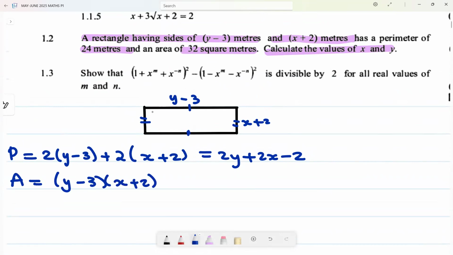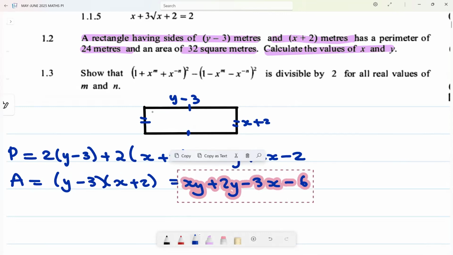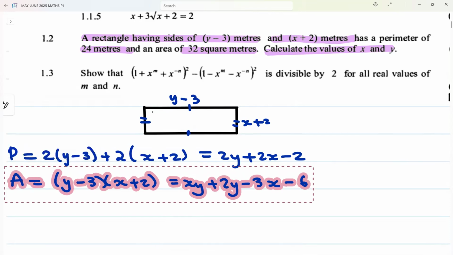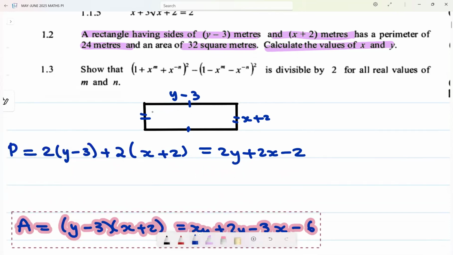And when I simplify that, I get xy plus 2y minus 3x minus 6. Okay, let me do this, because I am realizing that this does not necessarily give me simultaneous equations, but it will. Let's give it space.